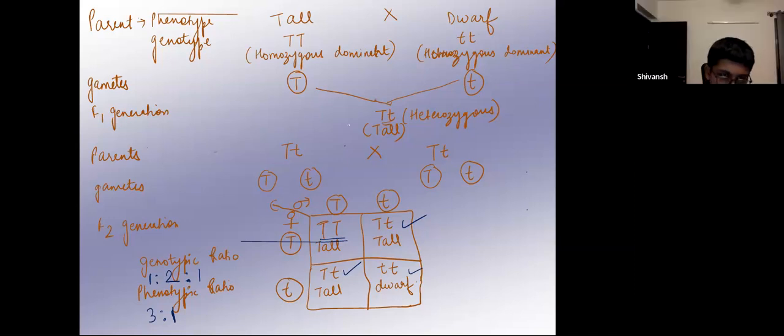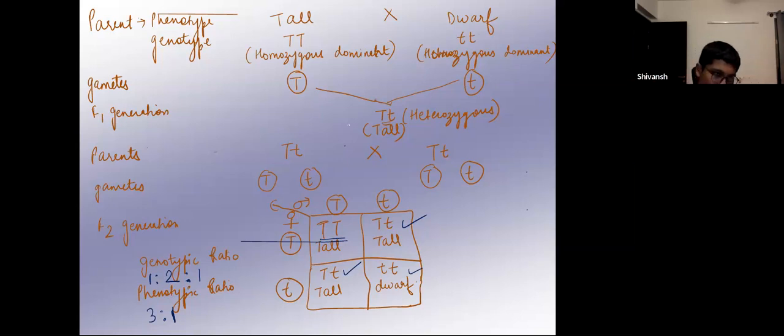Basically, the law of dominance is this. We have two traits. One is dominant, one is recessive. The dominant trait is always going to excel. Let's say you've got a genotype in which the dominant trait and the recessive trait both coexist. The dominant trait dominates the recessive trait, and the dominant trait gets expressed in the organism. So, for example, if I were to give capital T and small t, the genes for height, capital T would express the trait of being tall.